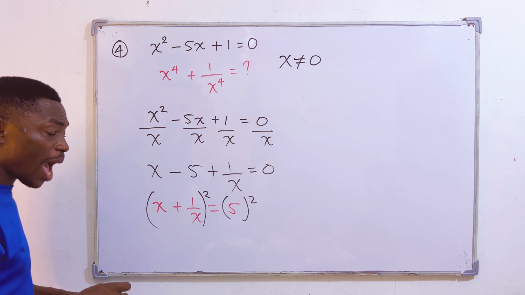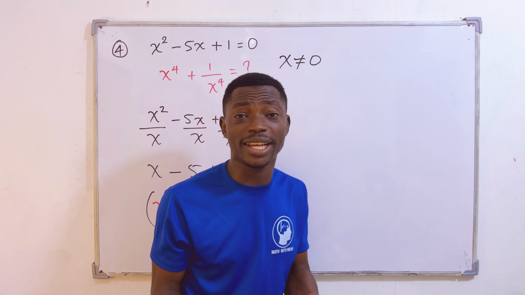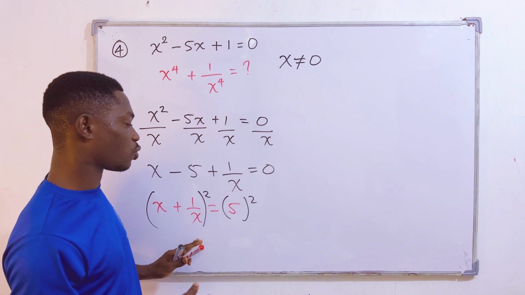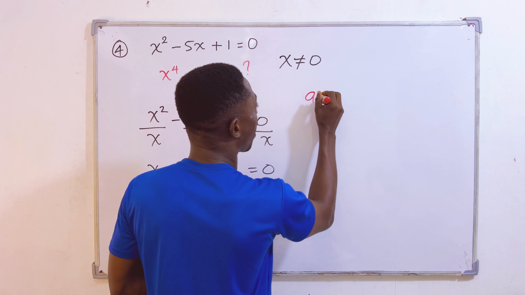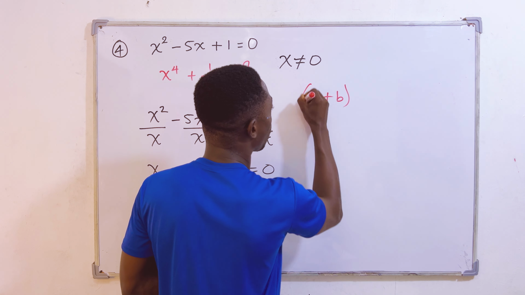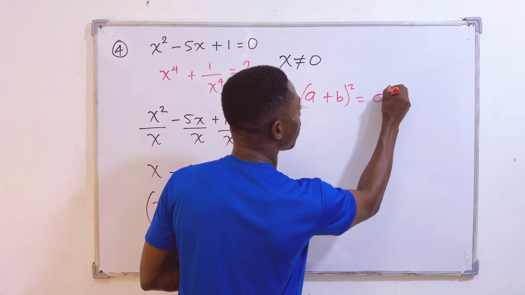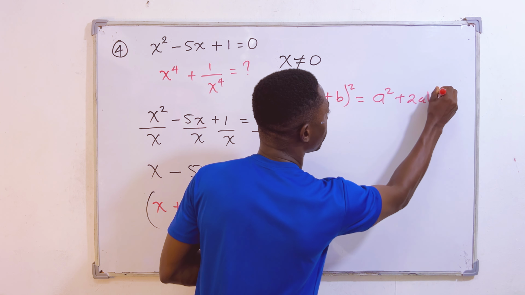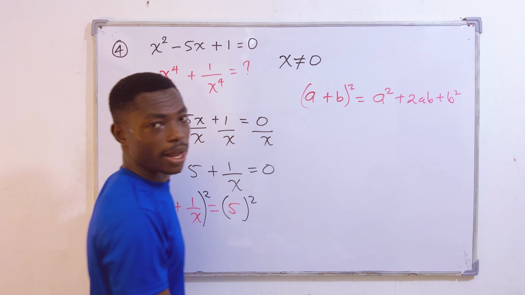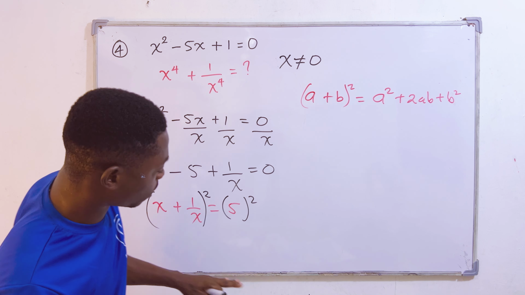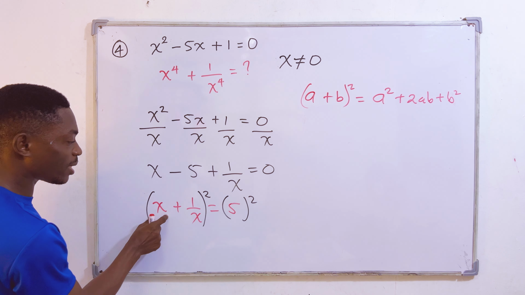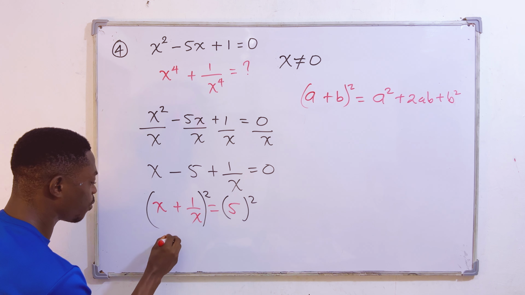Cool. And with the help of one of the famous algebraic identities, we can expand this one. What is that? This is it. If I have a plus b all squared, this will give me a squared plus 2ab plus b squared. So using this idea, I can expand this so easily. I take this, I square it. So x squared is, of course, x squared.